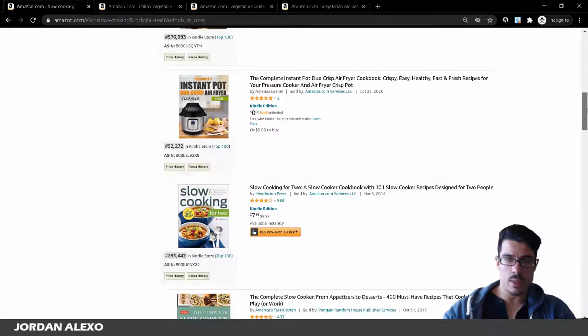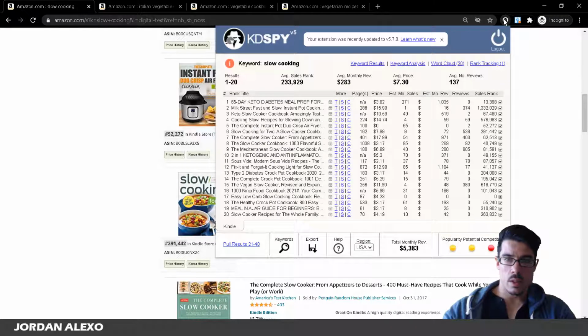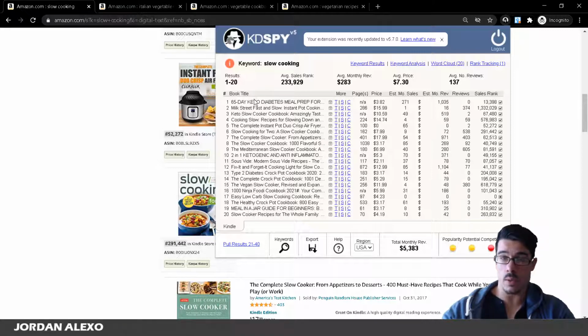I guess many of these books may belong to publishers. So you want to see if you have several books that have less than 100 reviews. And also what you want to see when it comes to competition is several books belonging to publishers. Typically these are books that have less than 100 reviews. Not always the case, but in many cases it is.